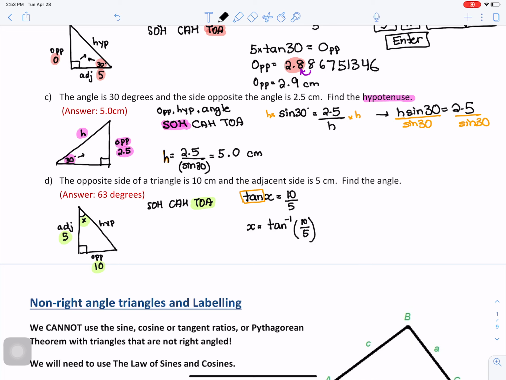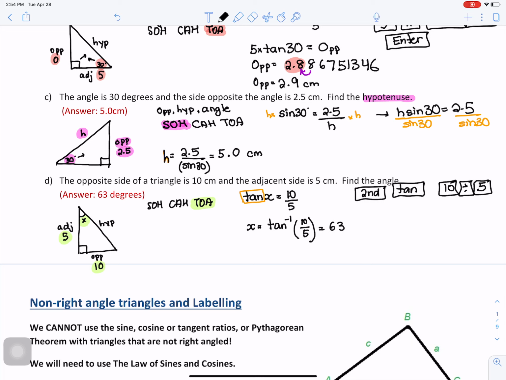So on my calculator, I'm going to hit second tan, and then 10 divided by 5 in the bracket, and hit enter. So second tan, it automatically starts a bracket for you, 10 divided by 5, close my bracket up and hit enter.